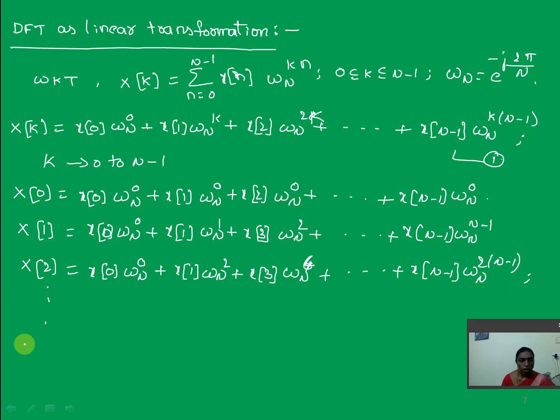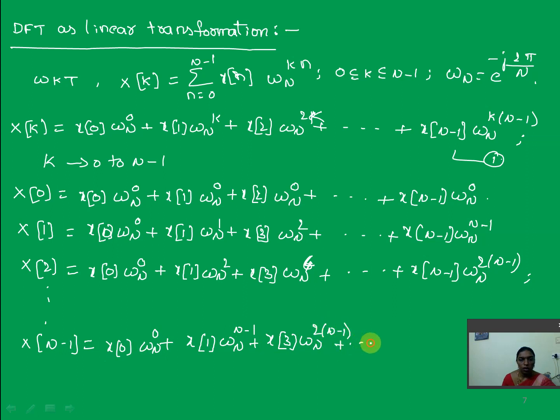Now similarly for X of N minus 1, the last value: x of 0 W_N power 0 plus x of 1 W_N power N minus 1 plus x of 2 W_N power 2 into N minus 1 and so on, x of N minus 1 W_N power N minus 1 into N minus 1.